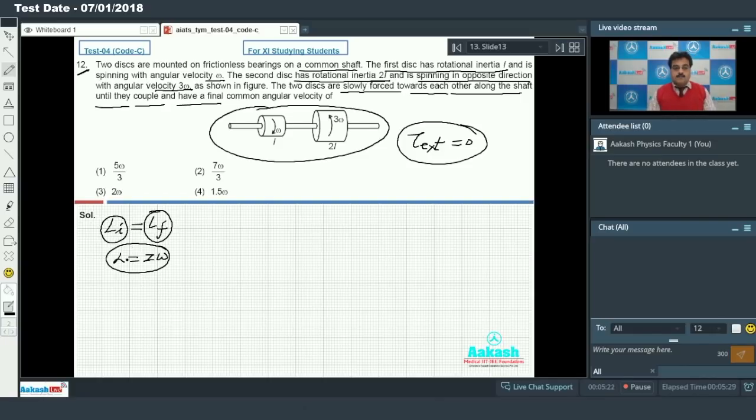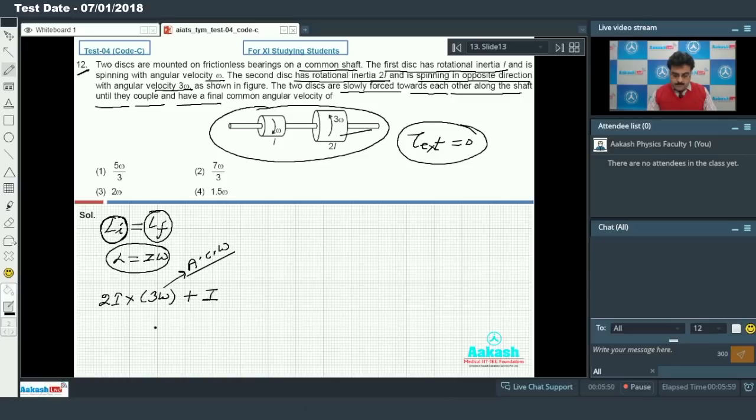So I am going to write first the value of the total initial angular momentum. That is 2I, the moment of inertia, into angular velocity 3 omega, but you have to be very careful regarding the direction, that is anti-clockwise as per the question. Because I need the total initial angular momentum, we'll add them.